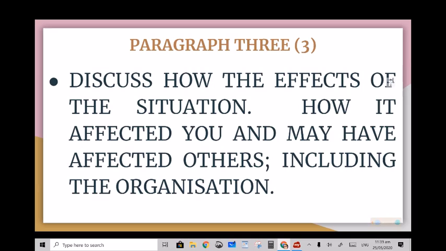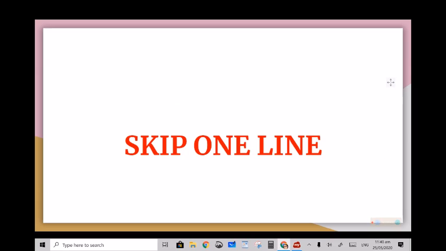So in paragraph 3, you are moving away from describing the situation as it occurred to discussing how it affected you and others, and how it may also affect the organization, whether it be a store or whatever organization you are writing the letter to, because sometimes it does have an effect on the organization itself. And again, to move on to your next paragraph, you skip one line.